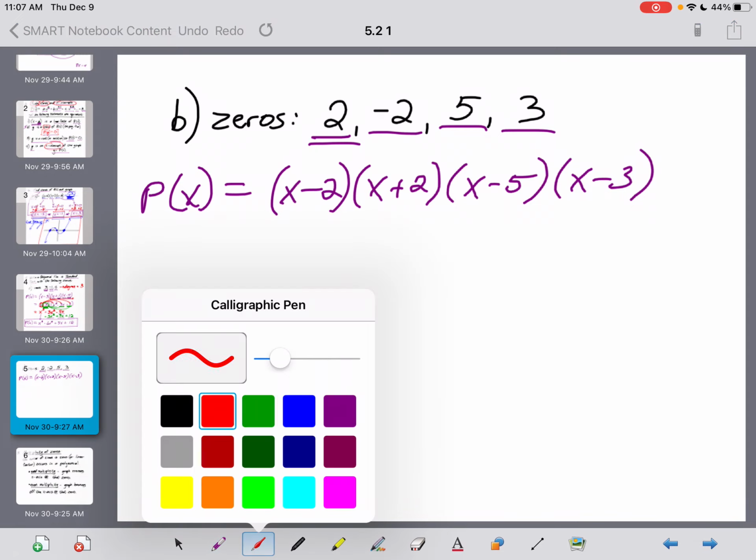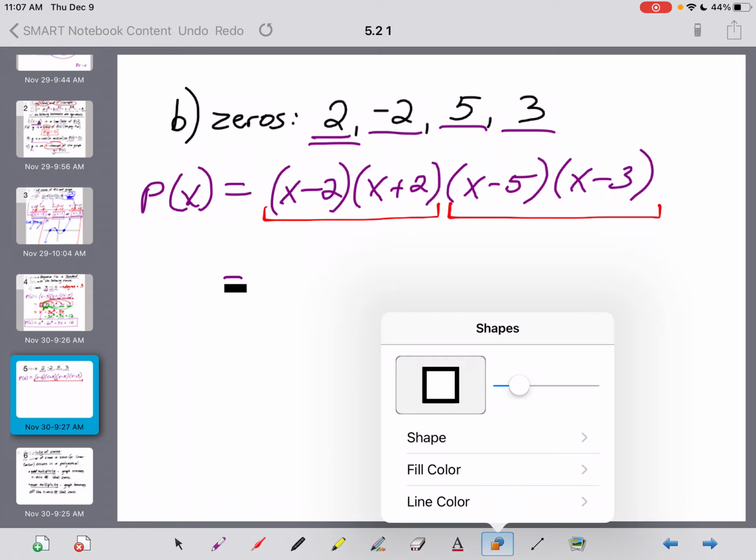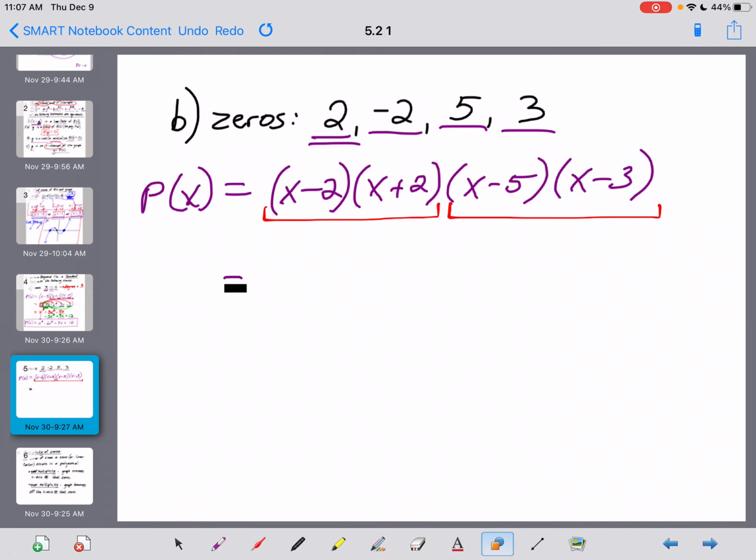Now for this one, a little bit more complicated because we have 4 linear factors. So we're going to go ahead and multiply these two together and these two together at the same time. Now the nice thing here about this problem is that the x minus 2 and the x plus 2 are conjugate binomials.